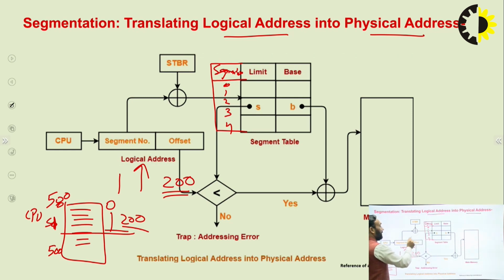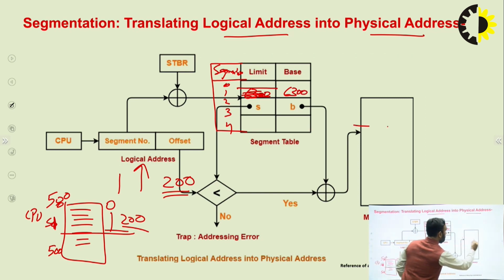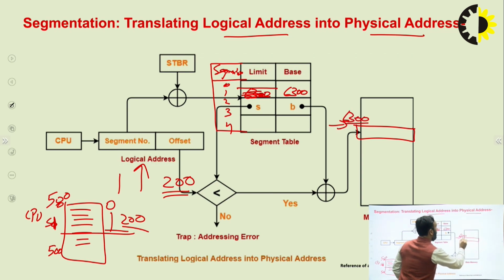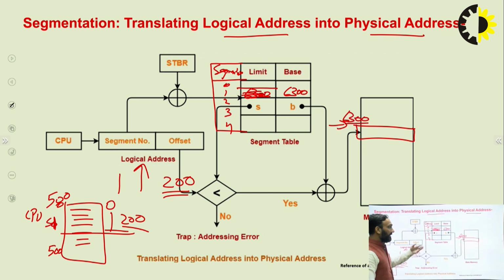For segment number 1, the base address is 6300. So first the pointer will go to 6300. Up to which level the content of S1 will be read depends on the offset bits given in the logical address. What is the offset? That is 200.